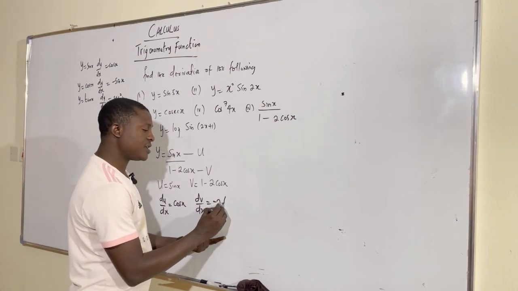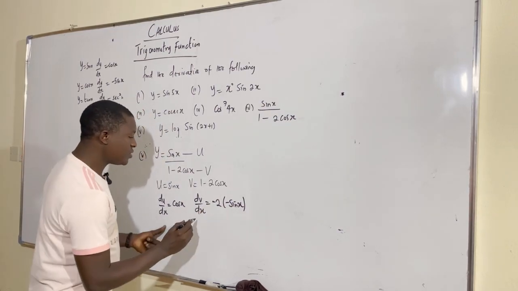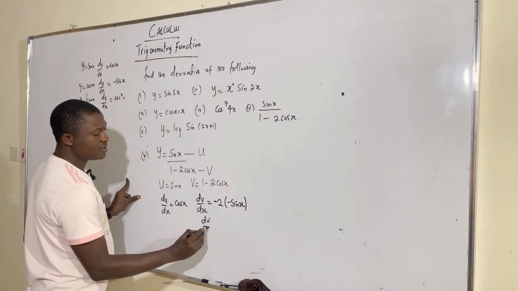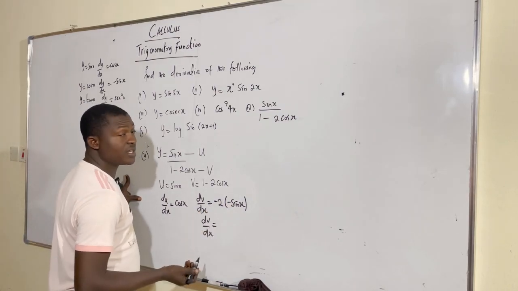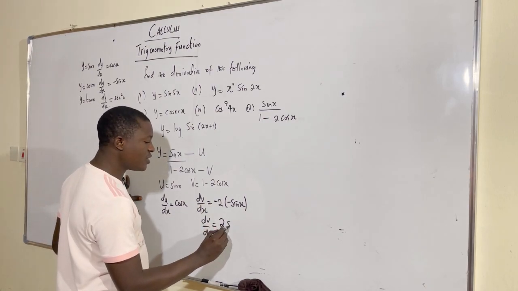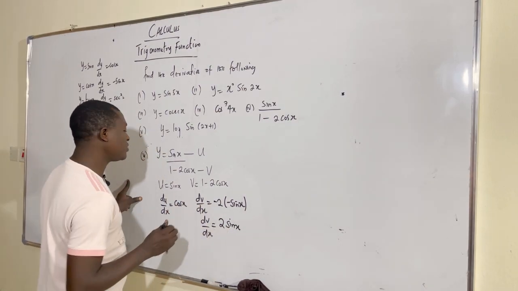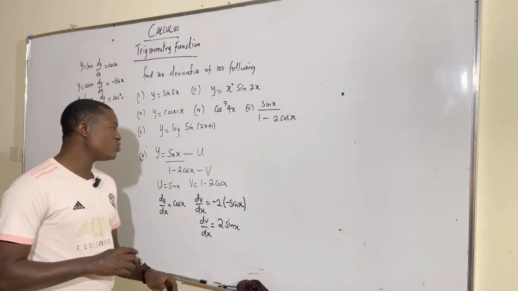Yeah, minus sine x. You get that? So here we have dv dx equal to minus times minus, and we have what? Plus 2 times sine x, we are going to have 2 sine x. So that means du dx is cos x, dv dx is 2 sine x.